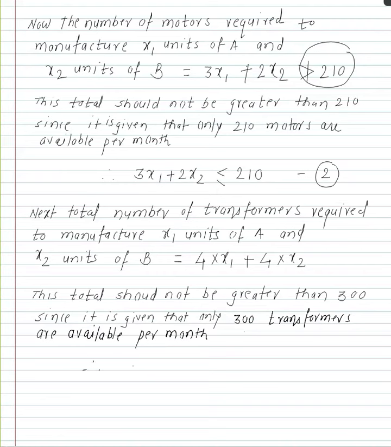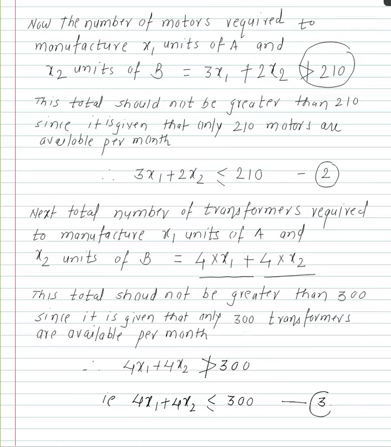Therefore, 4x1 plus 4x2, this sum gives the total number of transformers required. This should not be greater than 300. That is, this sum should be less than or equal to 300. This is the constraint on transformers.